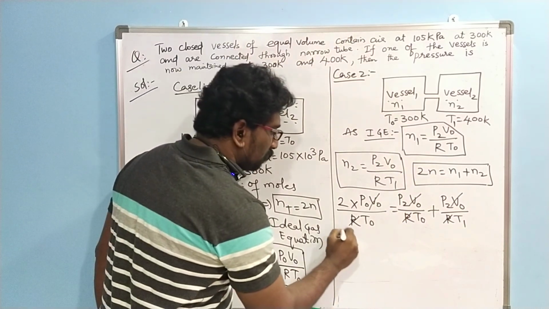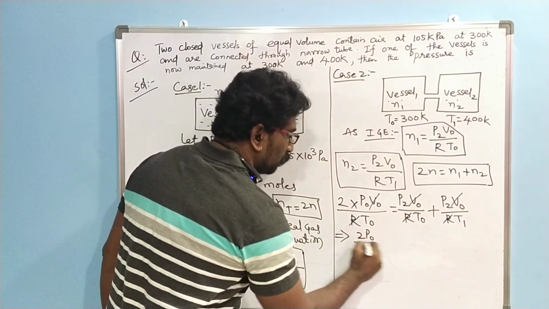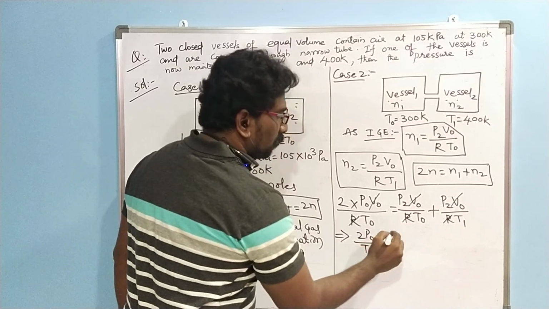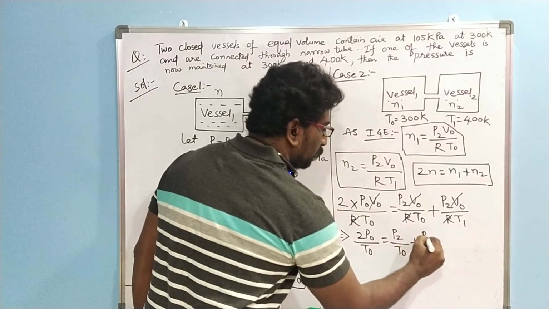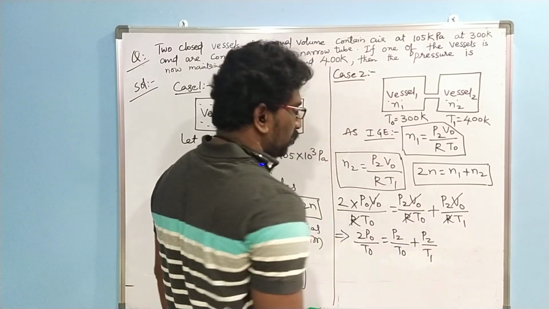So the equation becomes 2P naught over T naught equals P2 over T naught plus P2 over T1.